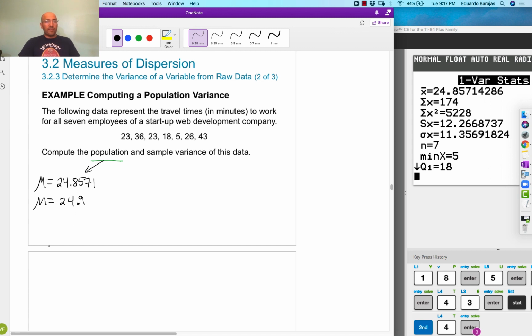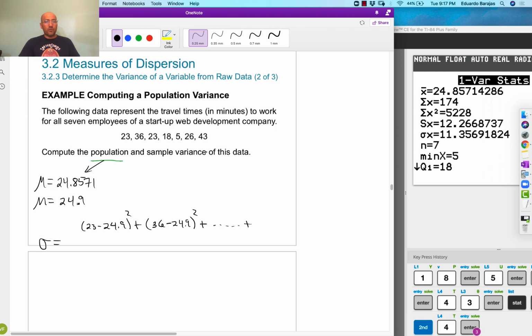And then the setup for the standard deviation would be, standard deviation is equal to each one of these numbers, 23 minus the mean, 24.9 squared, plus 36 minus 24.9 squared, plus dot, dot, dot, right?